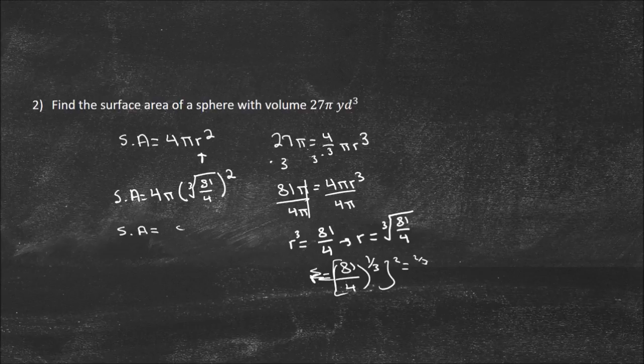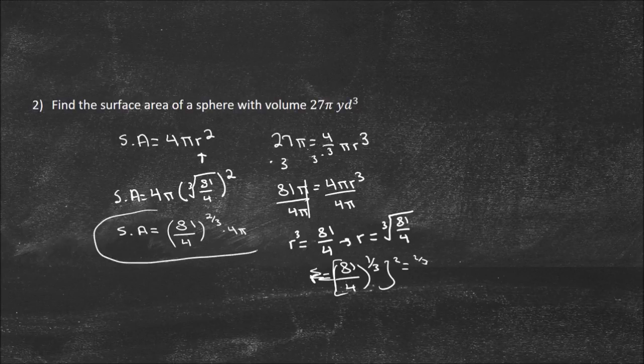So this becomes 81 divided by 4 raised to the 2/3, and then times 4 pi on the outside. They won't cancel quite exactly, so here we go. That would be our answer. Sorry, it's not the cleanest answer in the world, but it is still right, and it's good practice with exponents. It's a good skill to have.